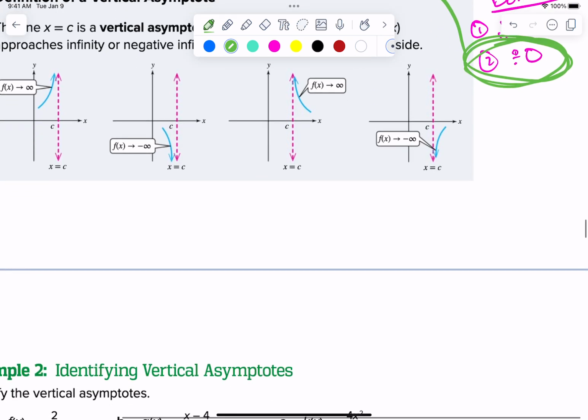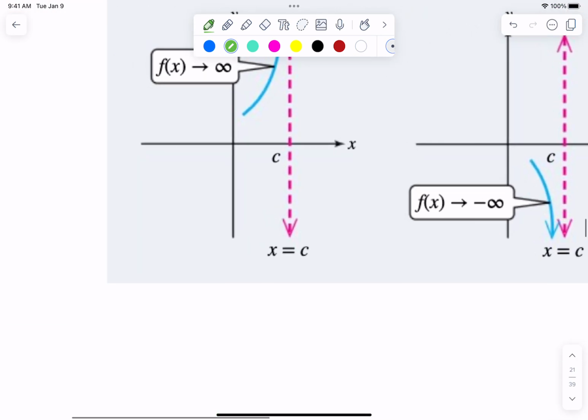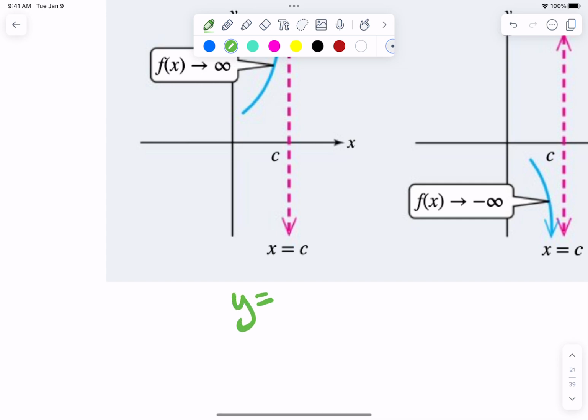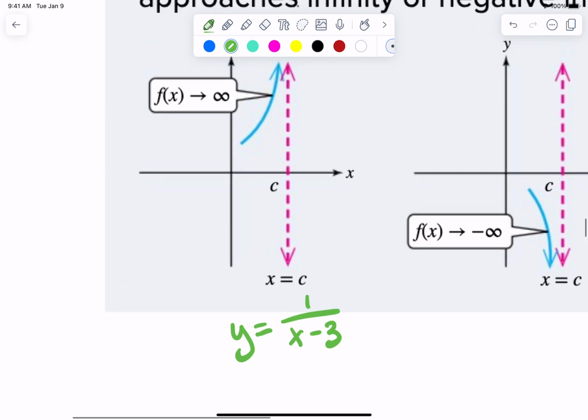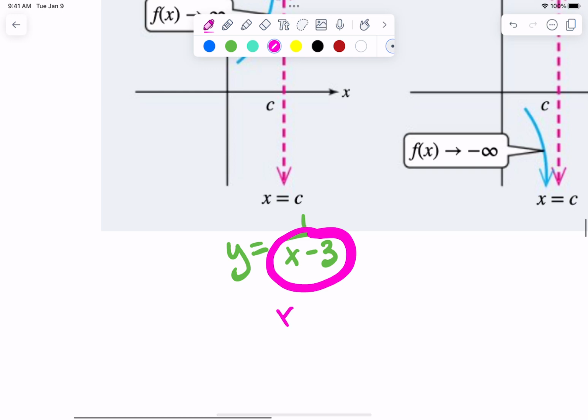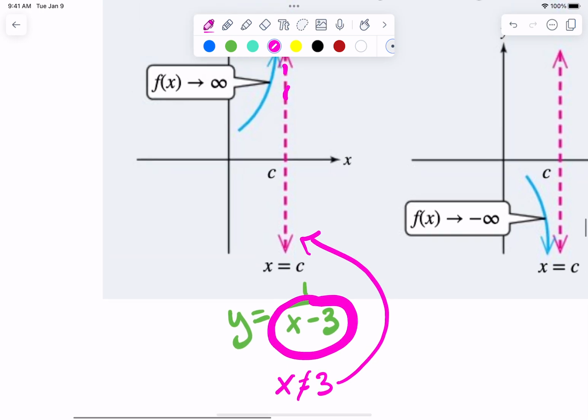So for example, let's say this is y equals 1 over x minus 3, right? This is what I'm looking at because I don't want to divide by 0. So in that case, what can x not be equal to? 3, because there is a vertical asymptote that happens at 3.